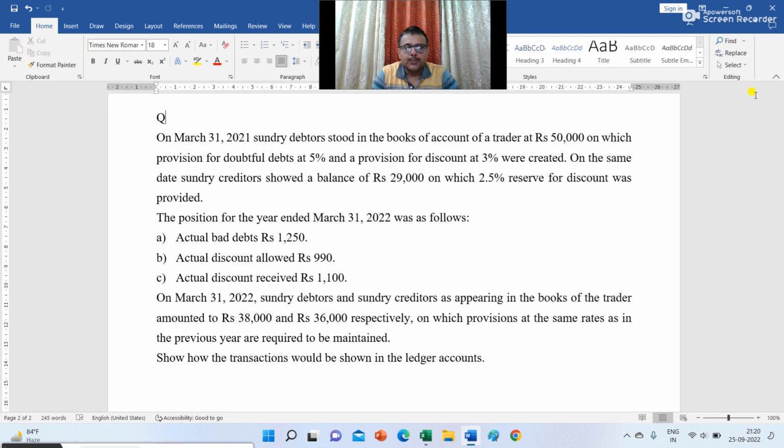Actual bad debts rupees 1,250, actual discount allowed rupees 990, actual discount received rupees 1,100. On 31st March 2022, Sundry debtors and Sundry creditors as appearing in the books of the trader amounted to rupees 38,000 and rupees 36,000 respectively, on which provisions at the same rates as in the previous year are required to be maintained. So, how the transaction would be shown in the ledger accounts?